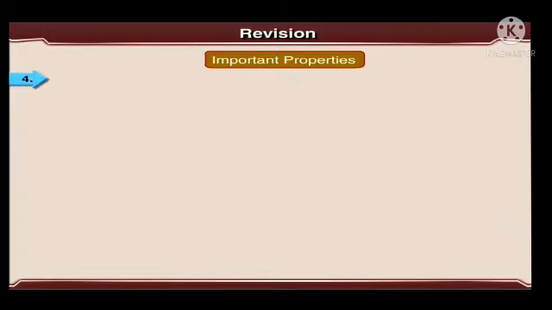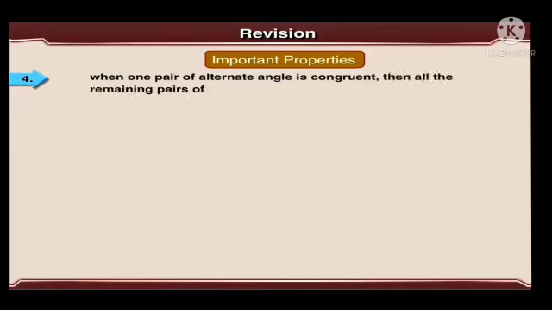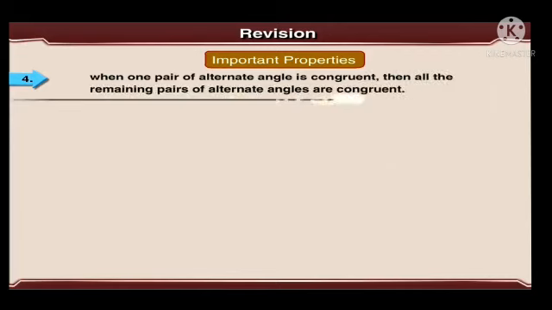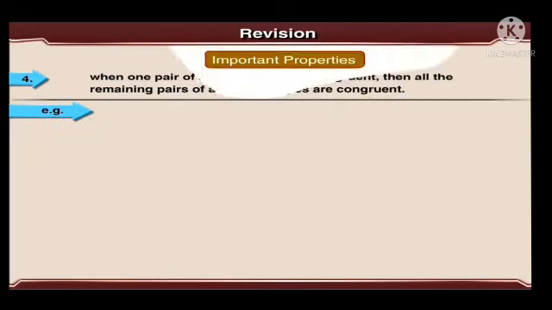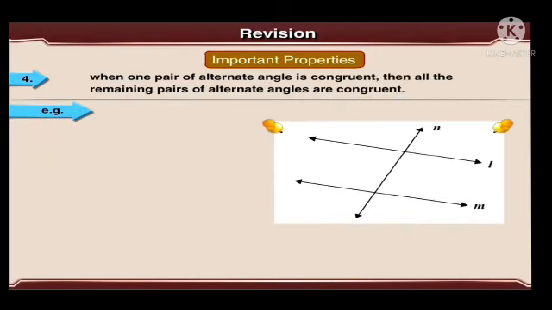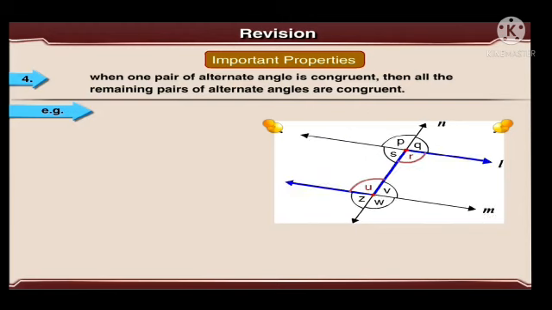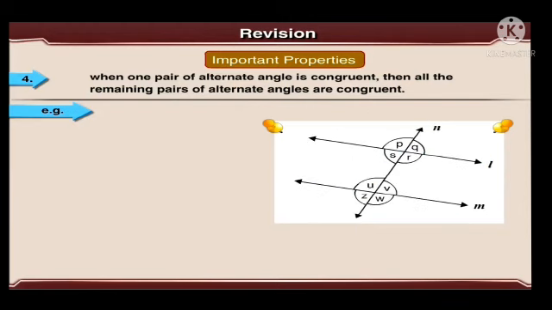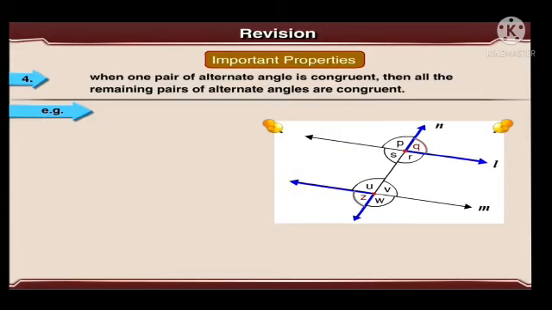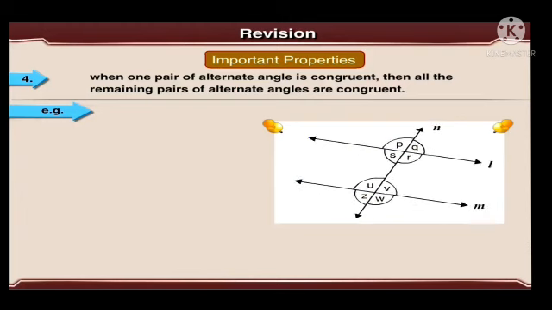4. When one pair of alternate angles is congruent, then all the remaining pairs of alternate angles are congruent. In the given figure, line N is the transversal intersecting the lines L and M. According to the property, angle R is congruent to angle U and angle S is congruent to angle V. Now the exterior angle Q is congruent to angle Z and angle P is congruent to angle W. Now what can you say about these lines?